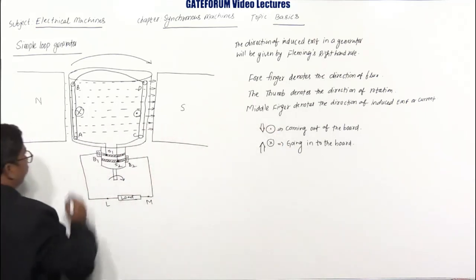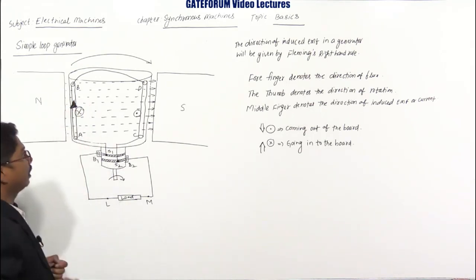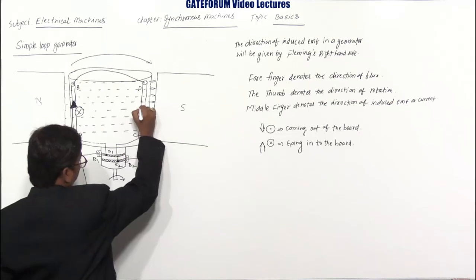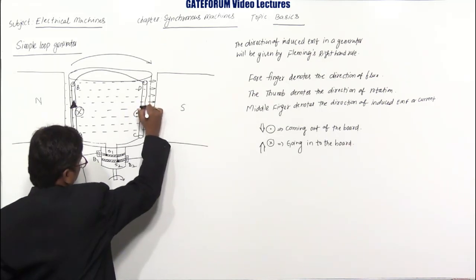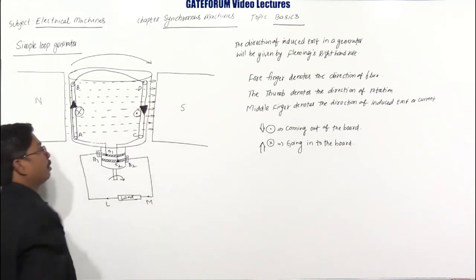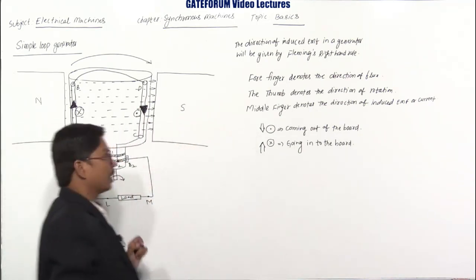Therefore, the direction of induced EMF in conductor AB will be upward, whereas in conductor CD it is moving in the downward direction. So remember, we can show it as this is upward and this is downward also.